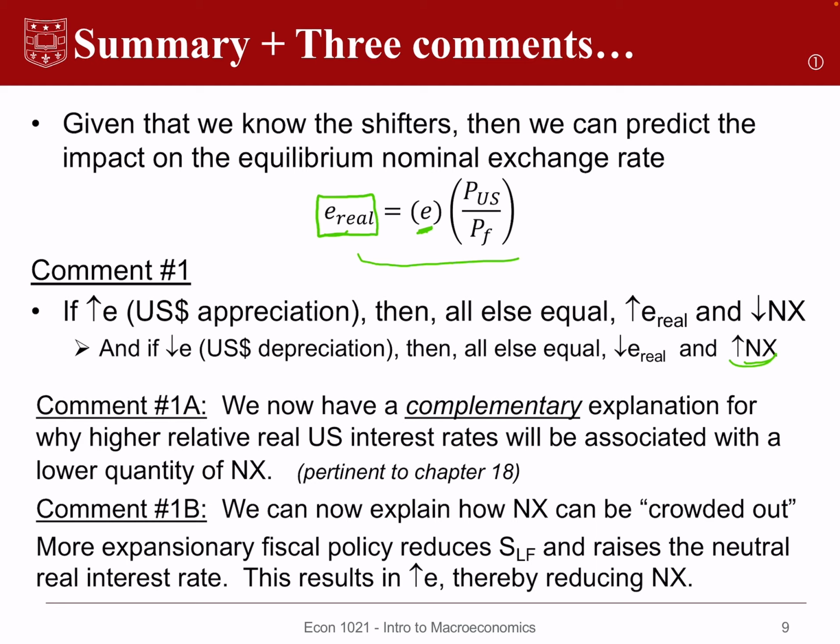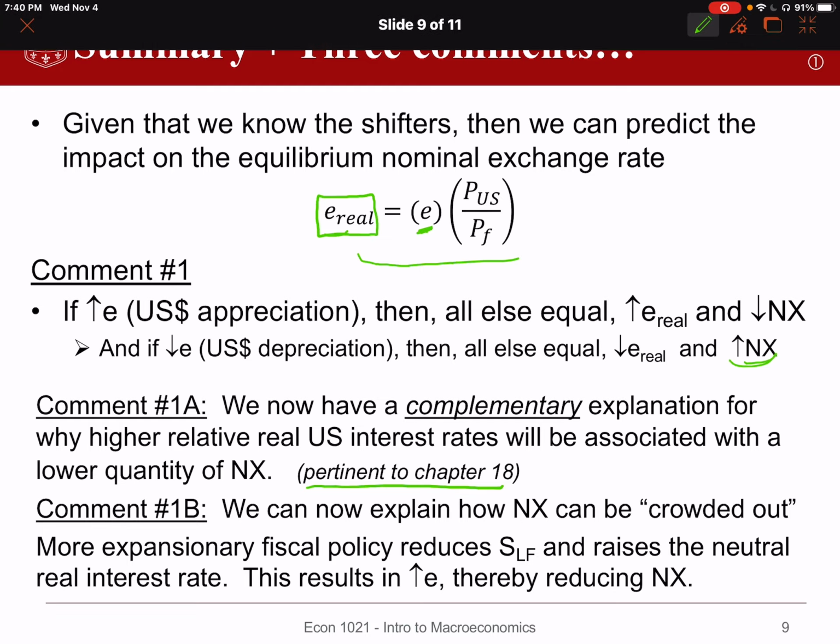So comment number 1, we now have a complementary explanation for why higher relative US real interest rates will be associated with a lower quantity of net exports. This is pertinent to Chapter 18, where we address this. In our earlier notes, we talked about net capital inflows being the negative of net exports.